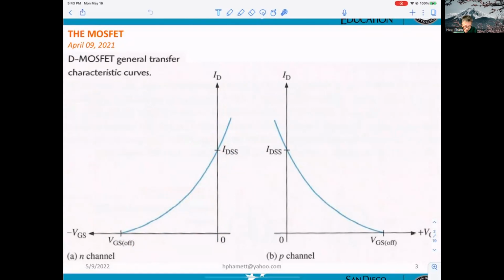At VGS equal 0 it is IDSS, and at VGS off, ID equals 0. The display shows the N channel and also the P channel.